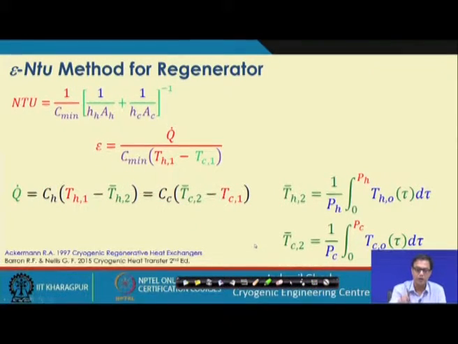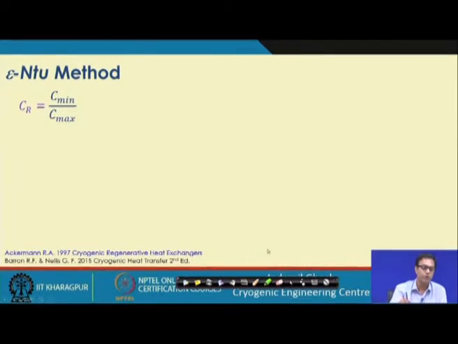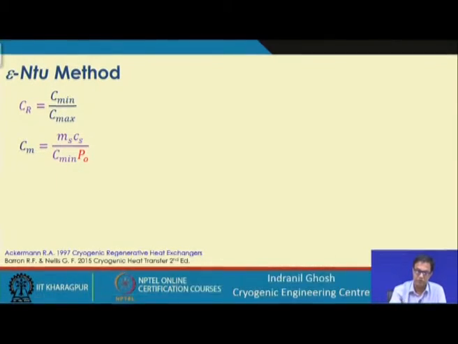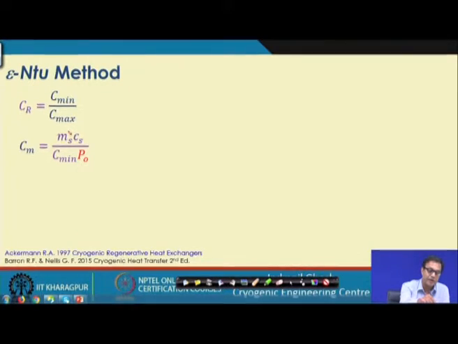Now, if we look into this epsilon-NTU method, we have other parameters like CR, which, as we have said, is the ratio between C min and C max. In addition to that, we have another parameter in this case, which is called the matrix heat capacity ratio.